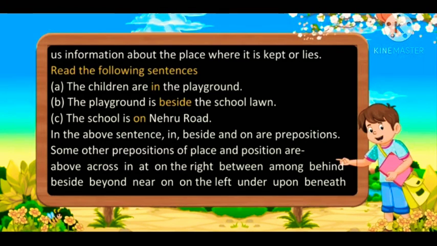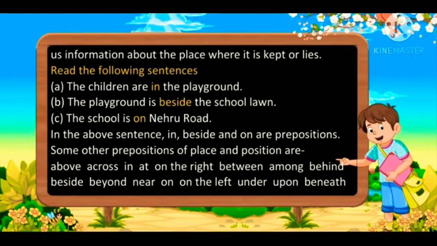The preposition of place lets us know about the place of an object or the noun, where it is placed or where it is kept or it lies. As you can see, the name is itself suggesting that it must be of some place or it must be letting us know about the position of the noun in a sentence. So let's have some examples.